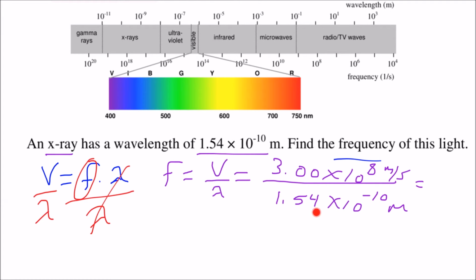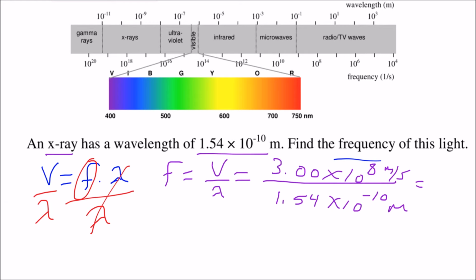So it's a little bit more than half here, but if you divide 3 by a half, you should get something close to 2. And then 8 minus negative 10 is the same as 8 plus 10, so we should get something around 18 as our exponent. So I'm predicting, before I even type in my calculator, I should be getting something close to 2 times 10 to the 18th.